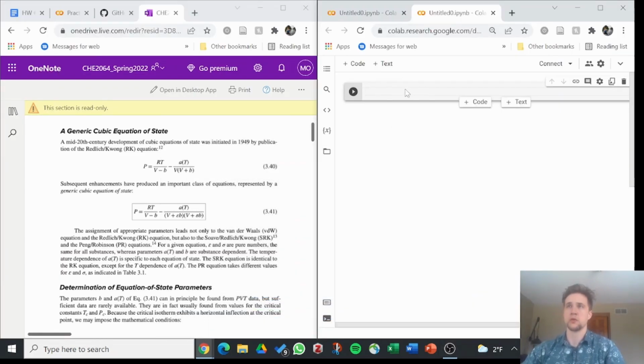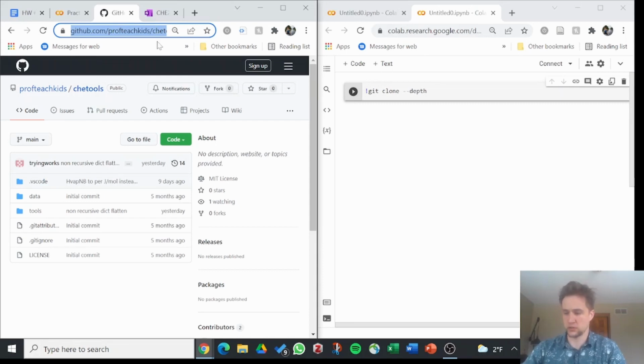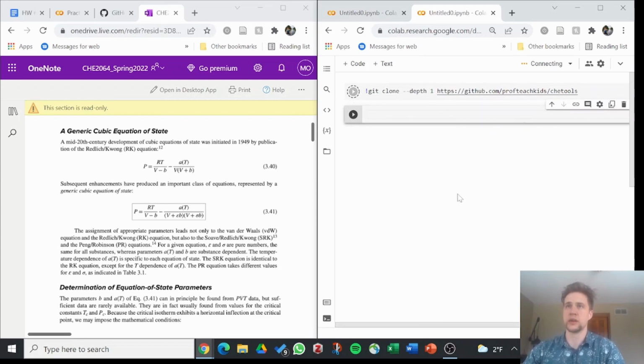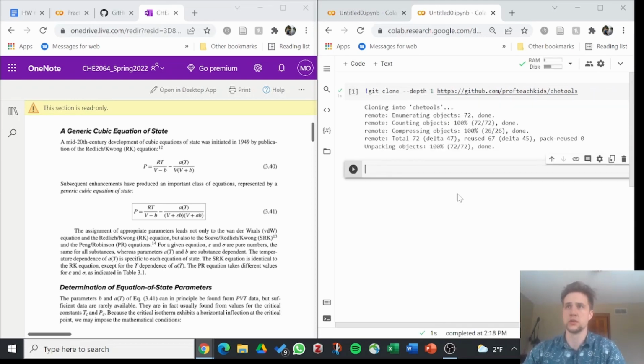First we need to grab the tools that we're going to need for the critical properties of water. Thankfully, we can grab the files that have already been uploaded elsewhere. So we're going to upload it into our Colaboratory here, and it's going to be downloading right now.